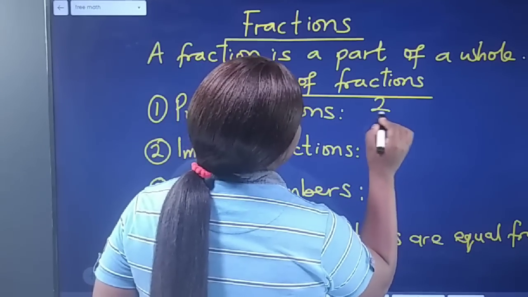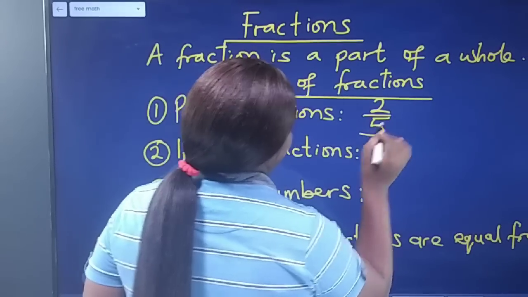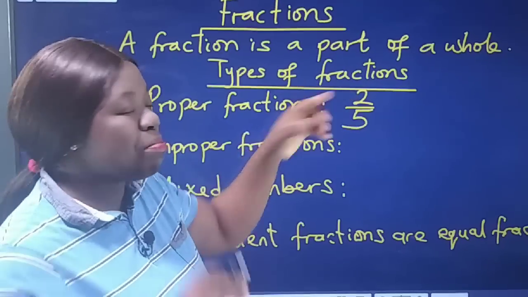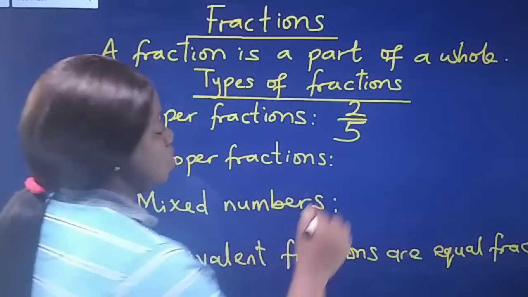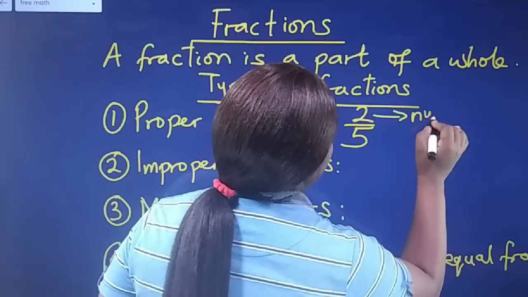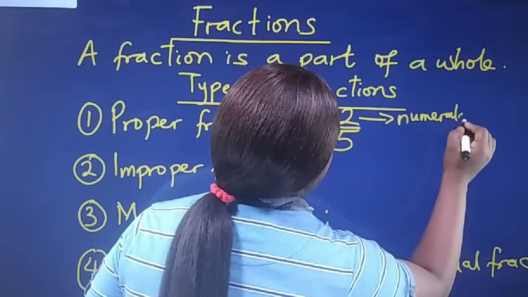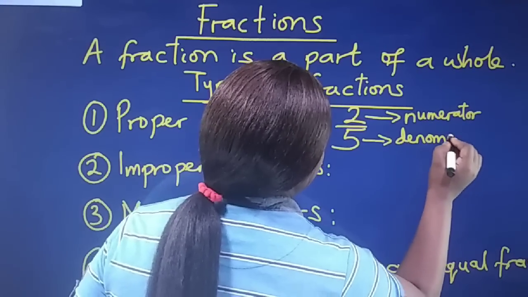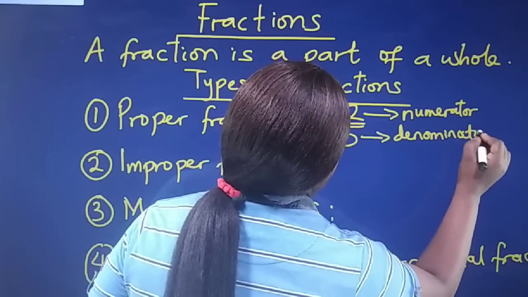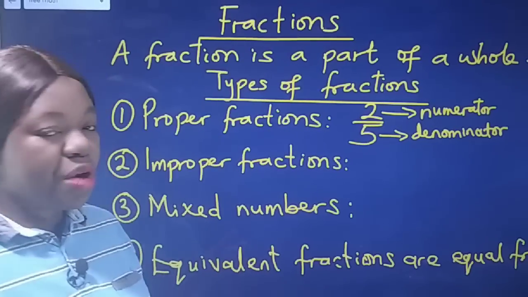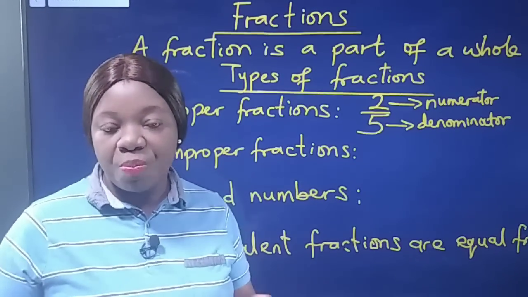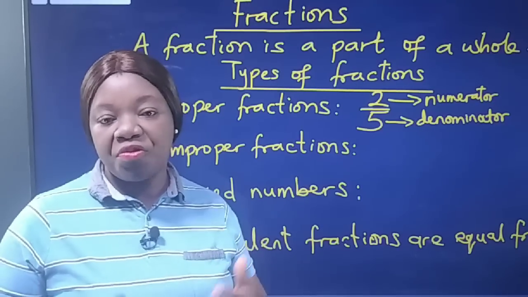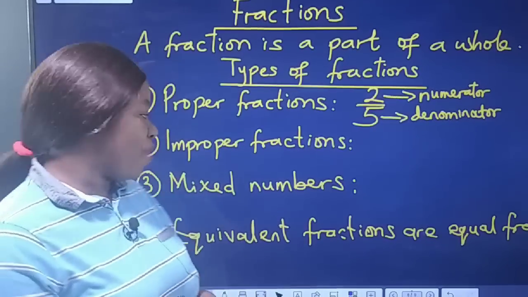If you have 2 over 5, that is a proper fraction because the numerator is smaller than the denominator. This is the numerator and this is the denominator. So 2 over 5 is a proper fraction, 1 over 2 is a proper fraction, 3 over 9 is a proper fraction, 10 over 14 is a proper fraction.